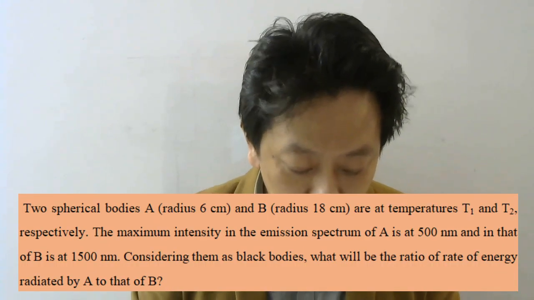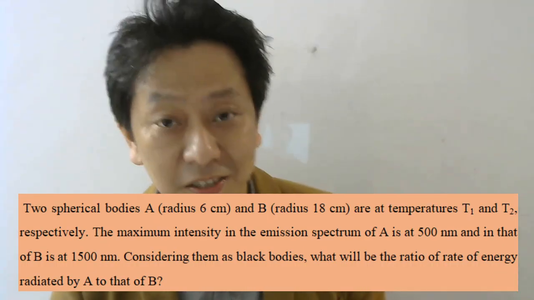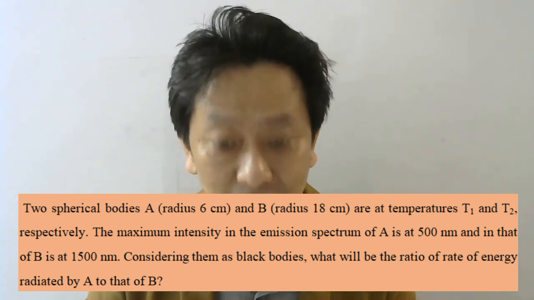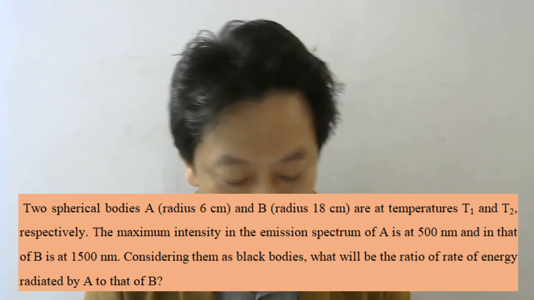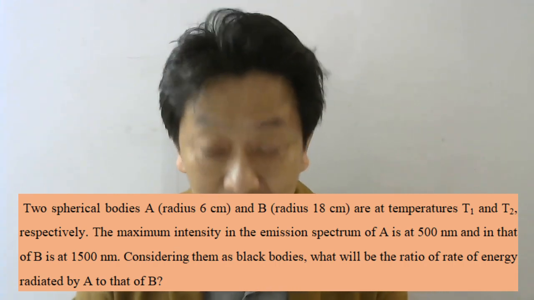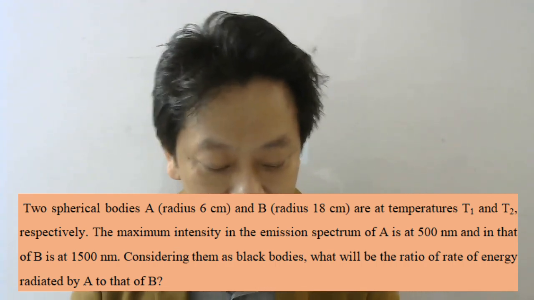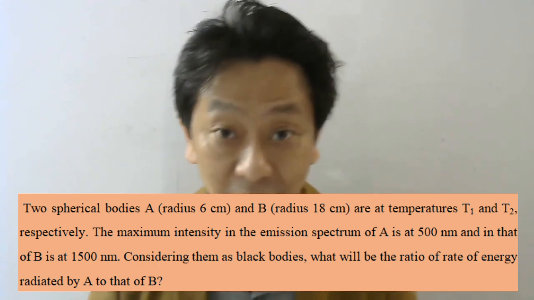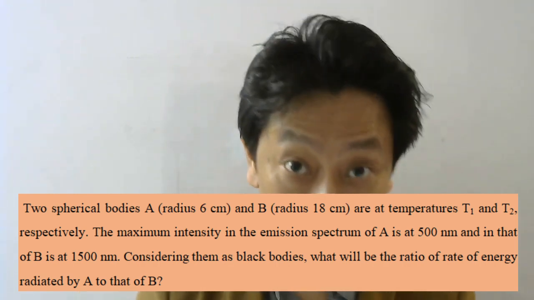It says two spherical bodies, A of radius 6 centimeter and B of radius 18 centimeter, are at temperatures T1 and T2 respectively. The maximum intensity in the emission spectrum of A is at 500 nanometer.